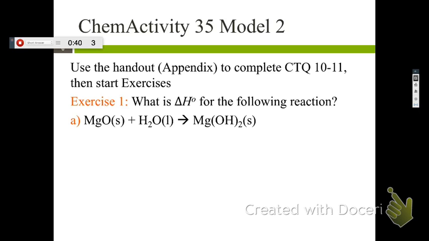I have the numbers if you want. For MgO, it's negative 998.57. And then for H2O, it's negative 970.3. And for MgOH2, it's going to be negative 2005.